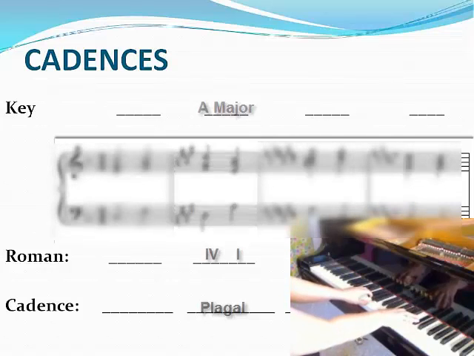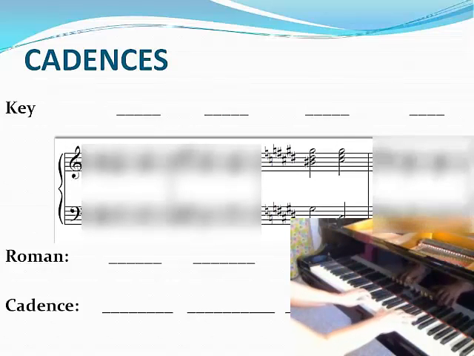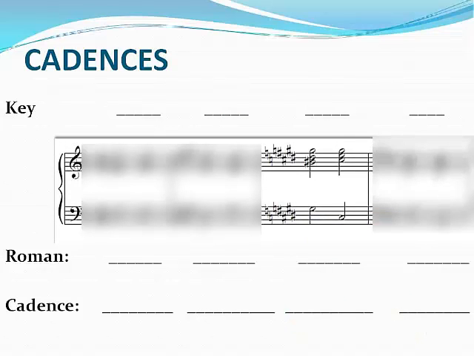Here's our third example. Hopefully you notice that the B is raised to B sharp. That's the raised leading note in the key of C sharp minor. The Roman numerals for this example are 5-to-1, but it's a lowercase 1, and it's a perfect cadence. Remember, the dominant or 5 in a minor key is always a major chord.